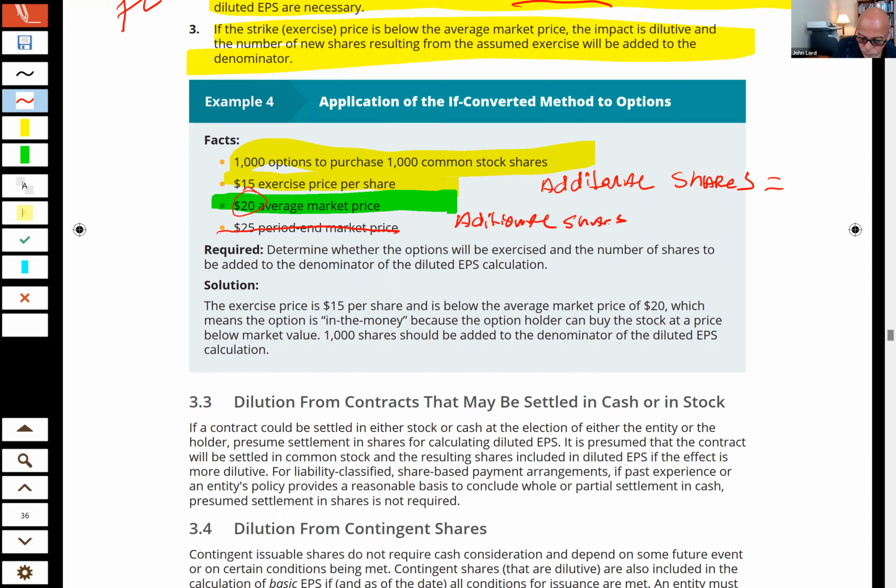Now, how do we calculate the number of shares repurchased? Well, we would take the number of shares times the exercise price, calling that the X price here, and divide that by the average market price.